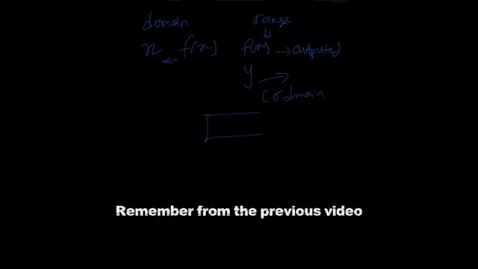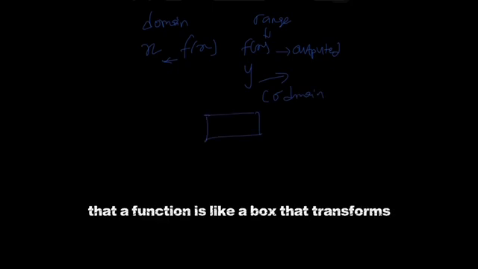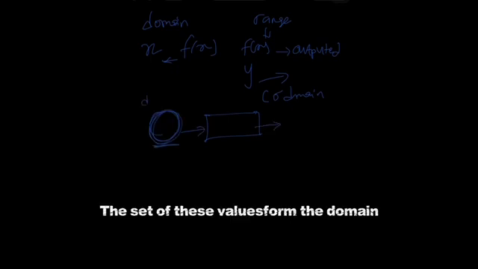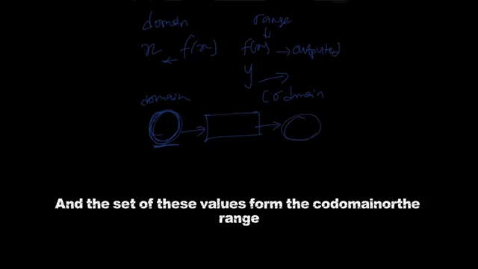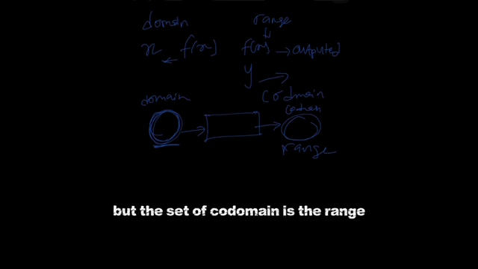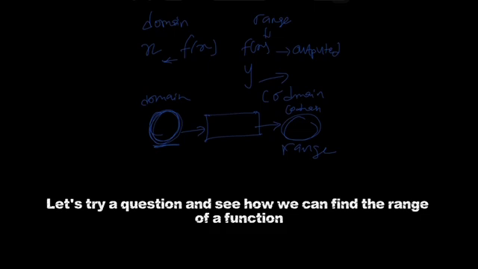Remember that a function is like a box that transforms a certain value into another value. So the set of input values forms the domain, and the set of output values forms the codomain or the range. More preferably, we use the range in our dealings more than the codomain. Let's try a question and see how we can find the range of a function.